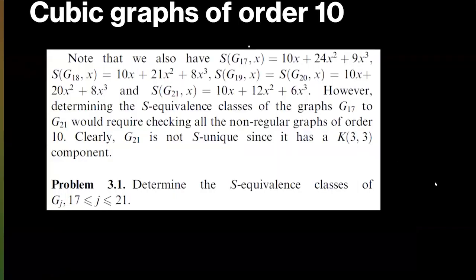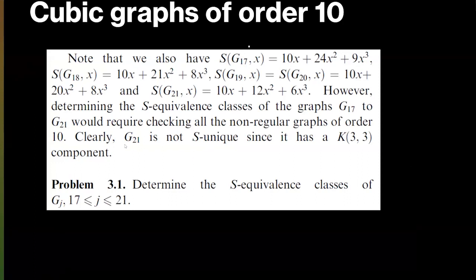Now, note that if you want to determine the S uniqueness of G17 to G21, using the theorem on regular graphs, we are not able to conclude that they must be one of these graphs. That means we have to check all non-regular graphs of order 10.